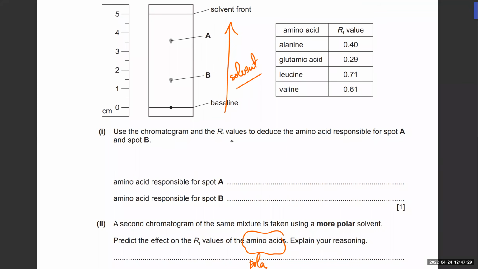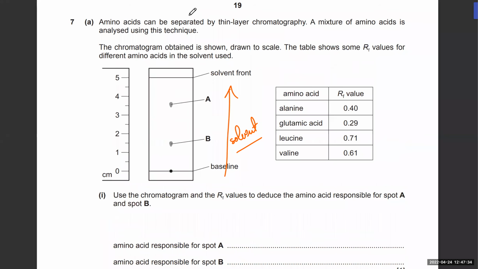If the solvent is the mobile phase, okay? And this is thin layer chromatography. Remember, there are 2 types of chromatography that you have to study. So this is thin layer. What happens in thin layer is that the solvent is moving. So if the thing is soluble in the solvent, it will keep moving.